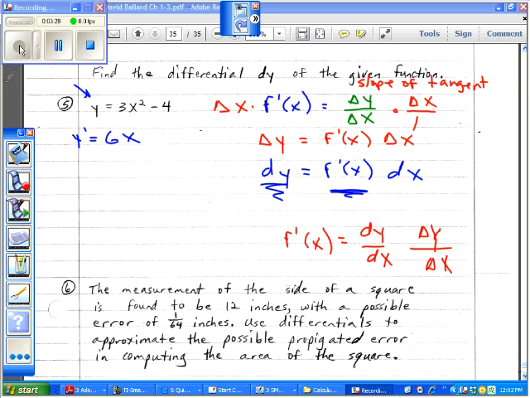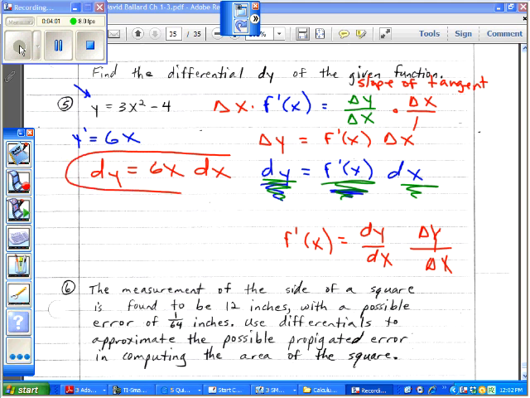And so my differential y then is equal to what? Differential y is equal to 6x times dx. So differential y is 6x dx. I'm going to rewrite that. Differential y is equal to 6x dx. So I found differential y of a given function.